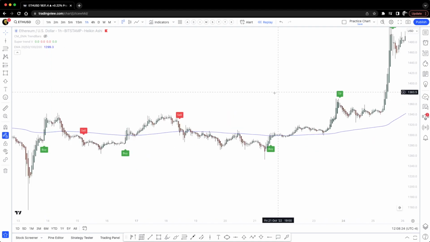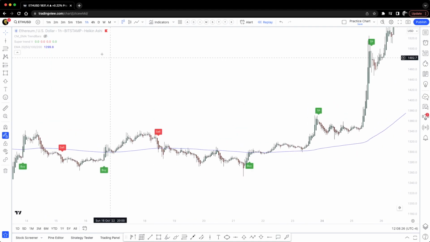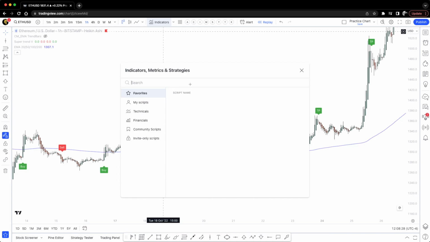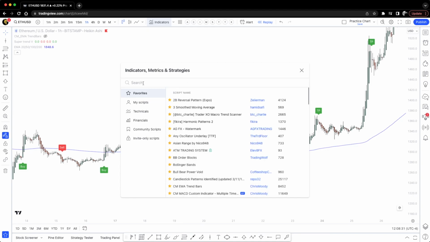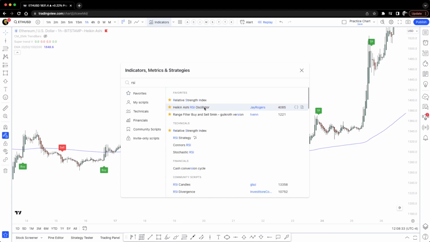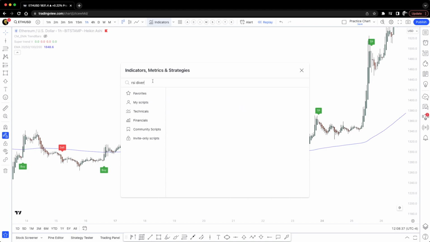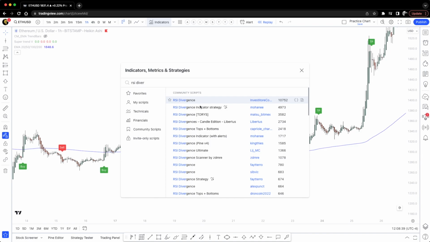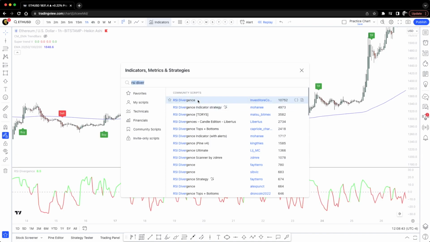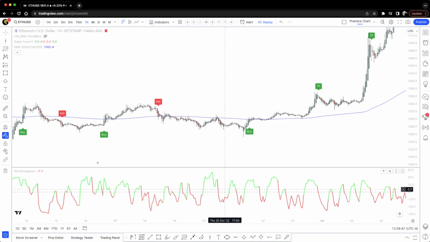I am going to be looking for an RSI. There's plenty in here, but I'm actually doing my research right now to see if I can give you a better RSI divergence. There are a couple in there. For example, let's see this one. It doesn't give you the actual divergence.